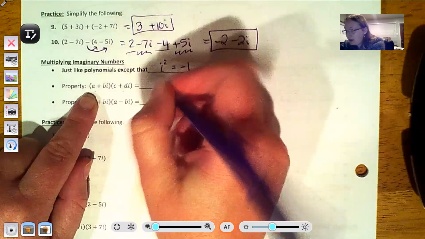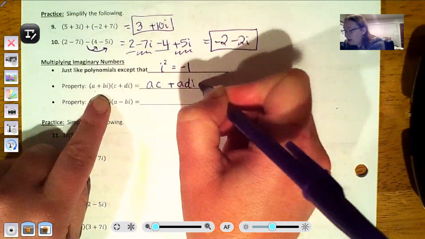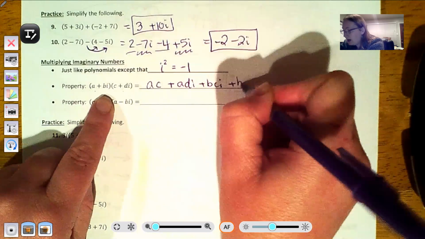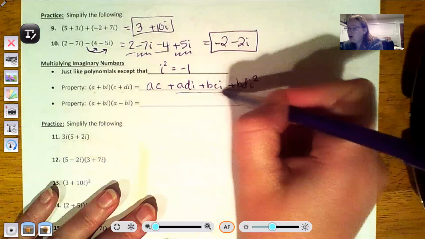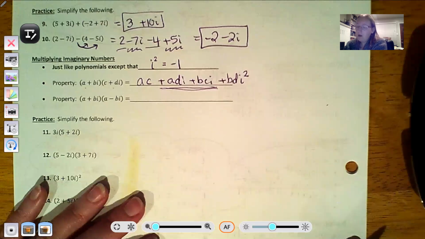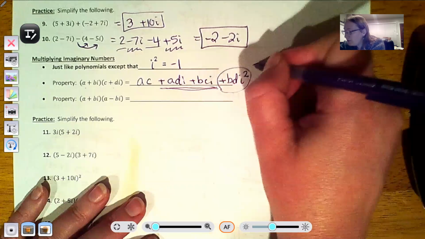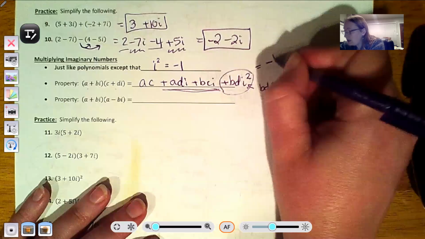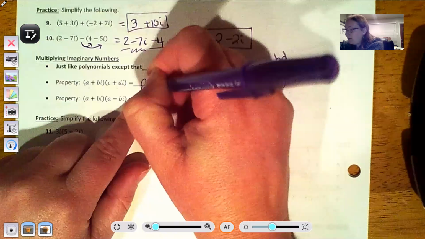So we get ac generically plus adi plus bci plus bdi squared. So these two can be combined because they're like terms. And this will end up being, because it's bd times -1, negative bd. So you'll end up with two real parts that can be combined.